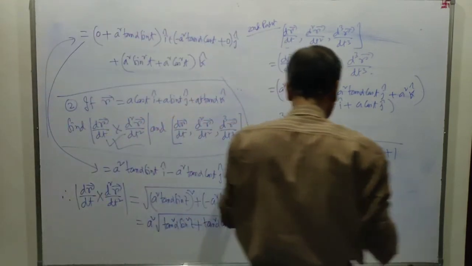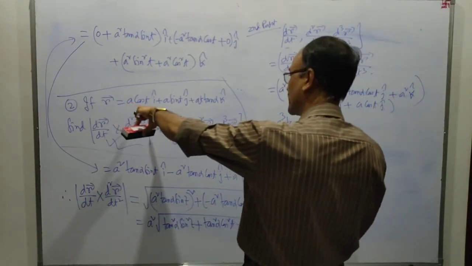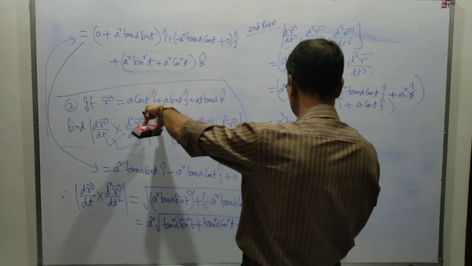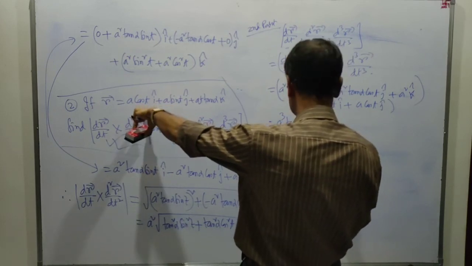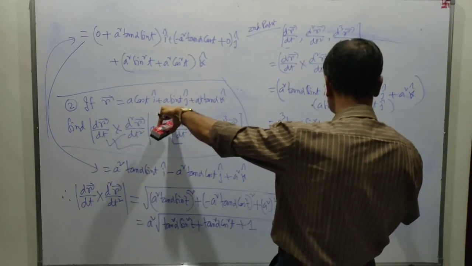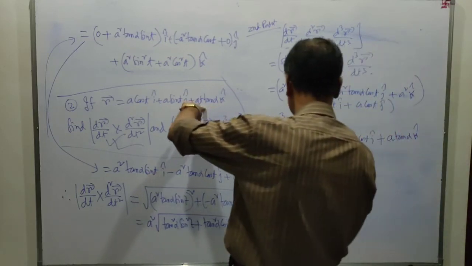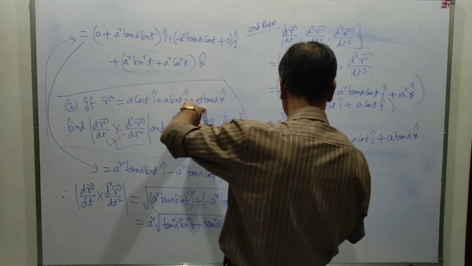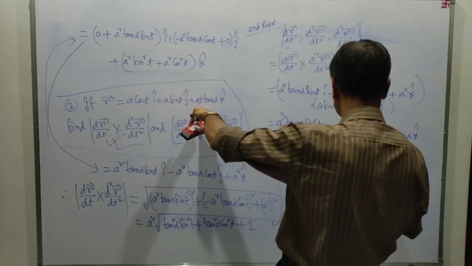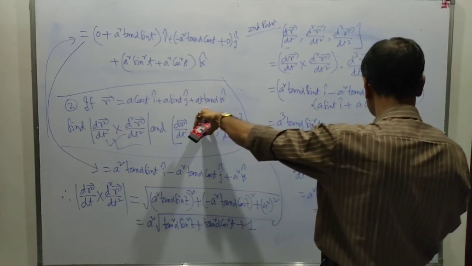Now, I want to check one thing. dr bar by dt is equal to minus a sin t i cap plus a cos t j cap plus a tan alpha k cap. d2 r vector by dt square is equal to minus a cos t i cap minus a sin t j cap plus 0.